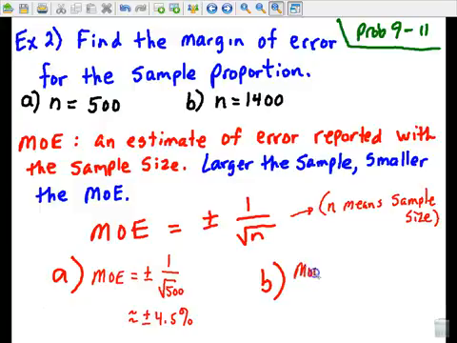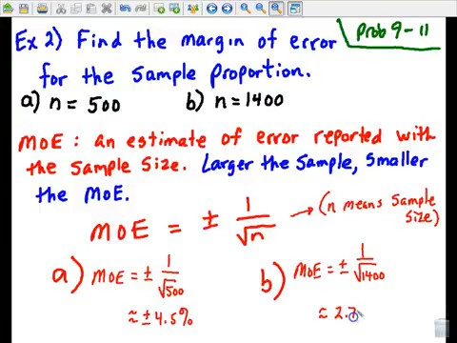Now let's increase the sample size, and do the margin of error for a sample size of 1,400. Once again, margin of error will be calculated by doing plus minus 1 over the square root of 1,400. Let's find out what that is. 1 divided by the square root of 1,400. Notice as our sample got bigger, our margin of error went down, and that probably makes sense to you.